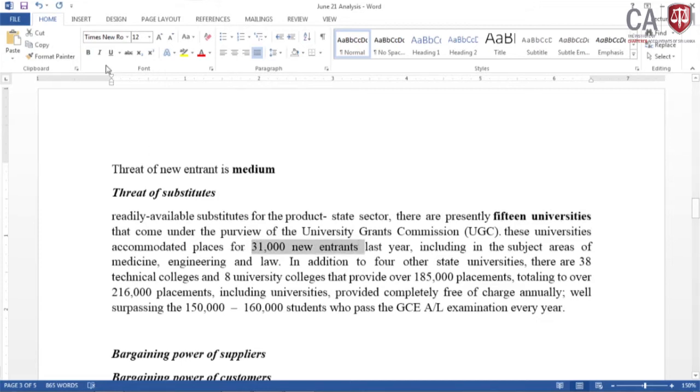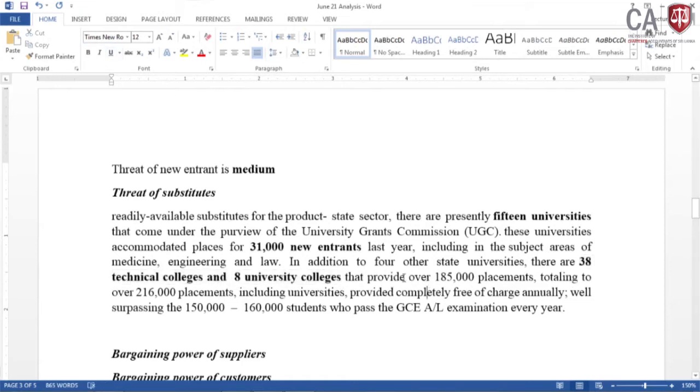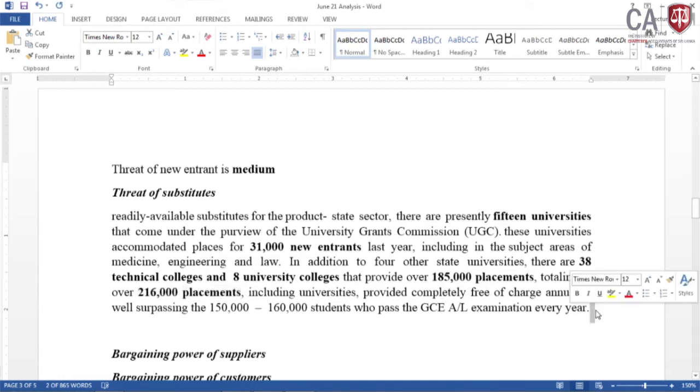Universities provide 31,000 new entrance facilities. Then there are some 38 technical university colleges that provide over placement. After all of these, whoever is left over comes to these private universities, right? Right. So, you can say threat of substitutes. What is the conclusion we are going to make?